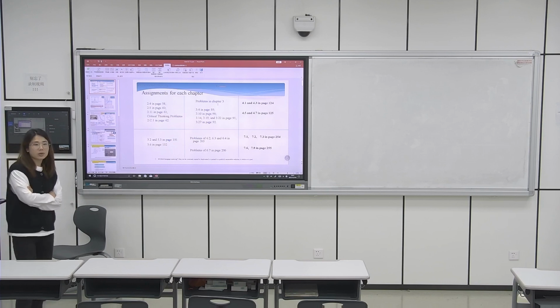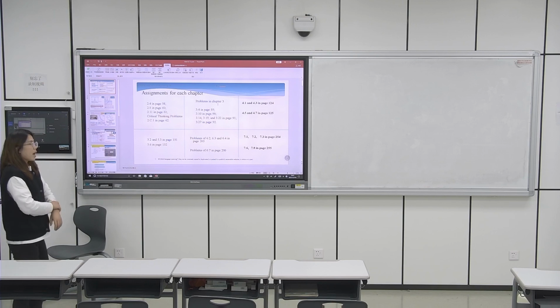So we learned the particle size distribution curve, how we got it, and how we calculate CC and CU of a soil. CU is the uniformity coefficient, CC is the coefficient of curvature, right?